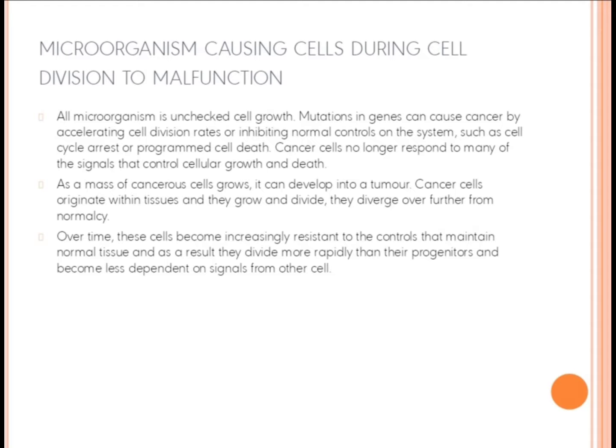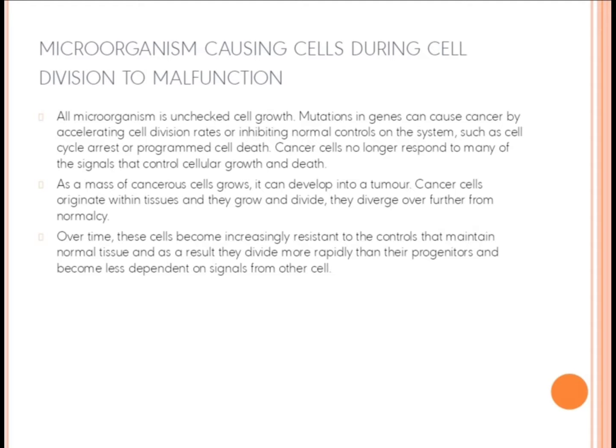Mutation in genes can cause cancer by accelerating cell division rates and inhibiting normal controls on the system, such as cell cycle arrest or programmed cell death. Cancer cells no longer respond to many of these signals that control cellular growth and death. As a mass of cancerous cells grows, it can develop into a tumor.